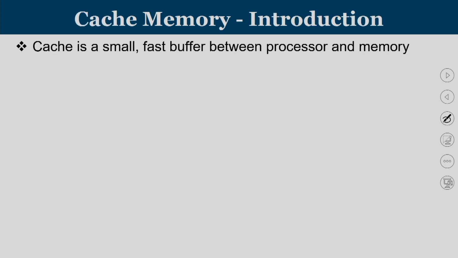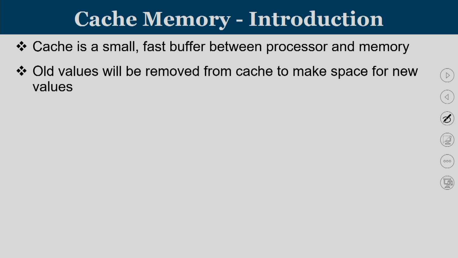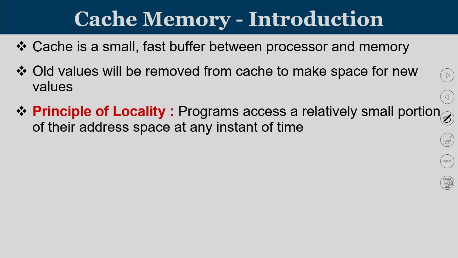Now, the introduction of cache memory. What is cache memory? Cache memory is a small, fast buffer kept between your processor and your main memory. The principle used in cache memory is that old values will be removed from cache to make space for new values, and the entire cache memory is built on top of the principle of locality of reference.